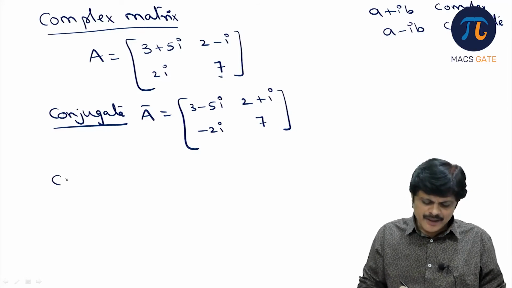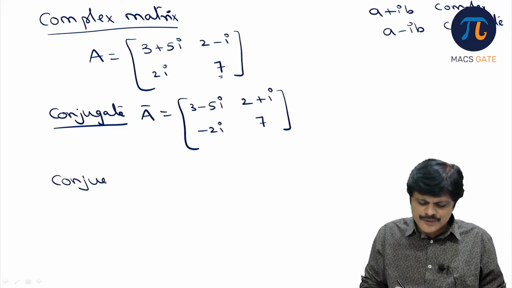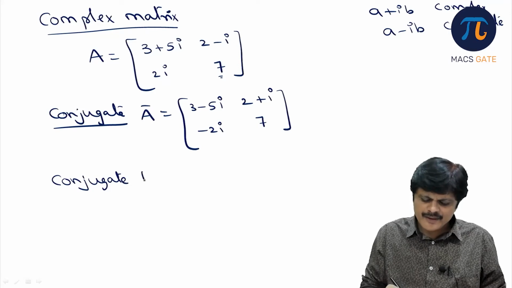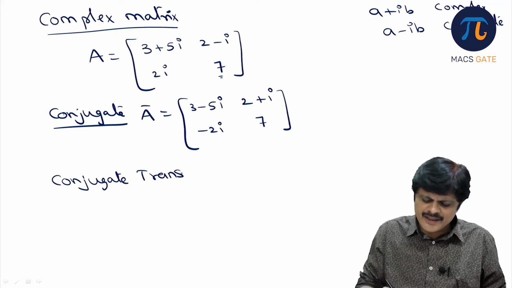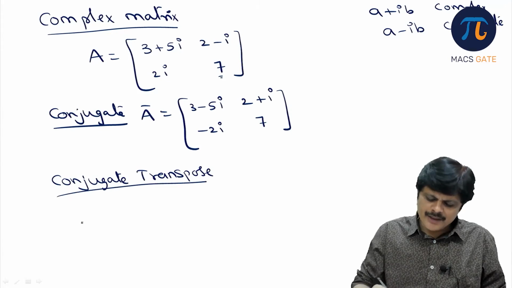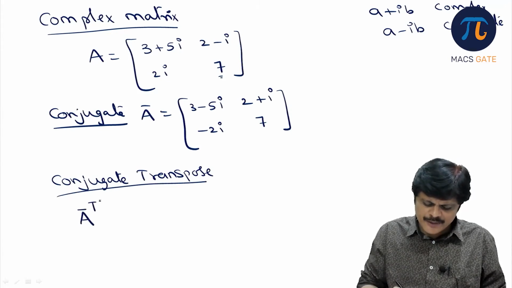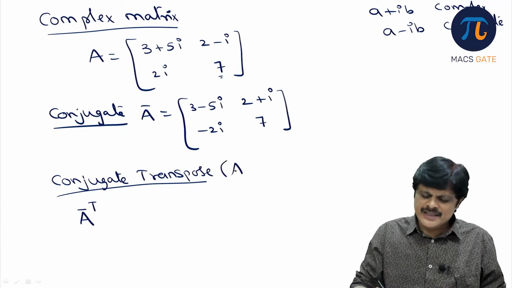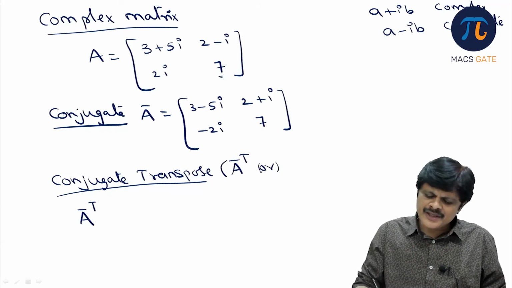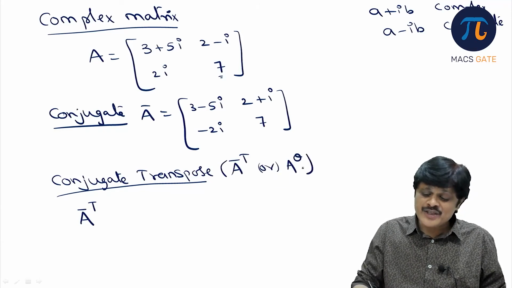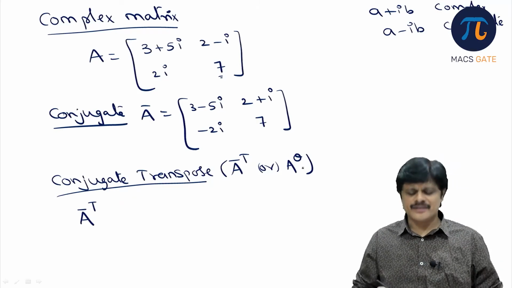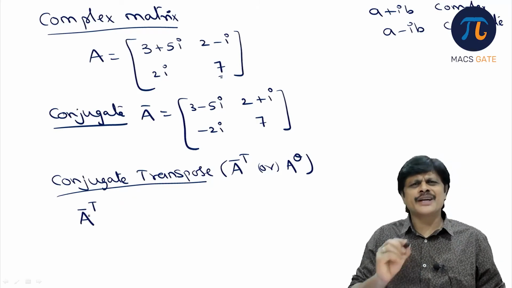Wonderful. Now what is conjugate transpose? See, conjugate transpose means after conjugate you have to transpose it. Some people write other notation. They also call it tranjugate. They use the notation A theta. But this is a better notation, conjugate transpose.